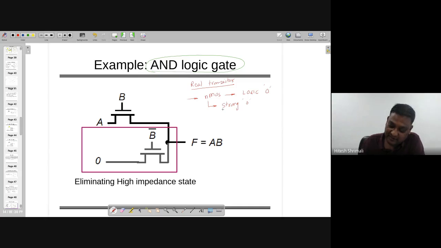So let's understand one, and then we can answer another one. So here, if A equal to 0, B equal to 1, this becomes off, and this particular transistor becomes on. So the output is equal to 0 volt. Let's talk in terms of voltages rather than the logic.